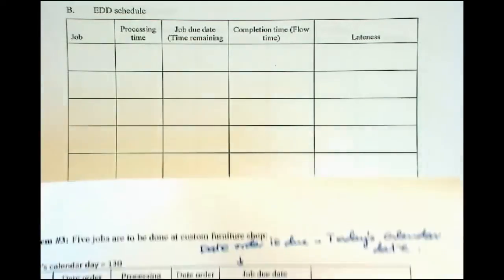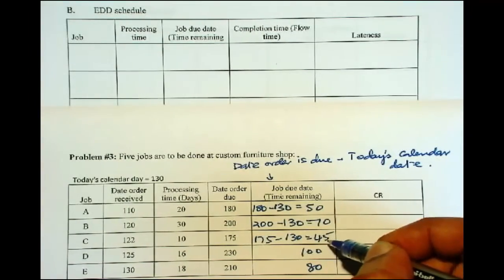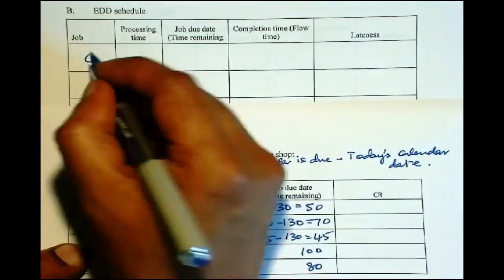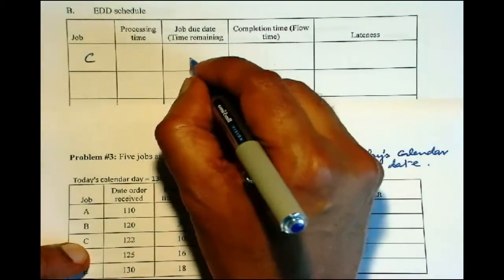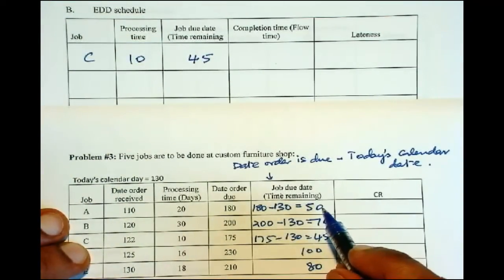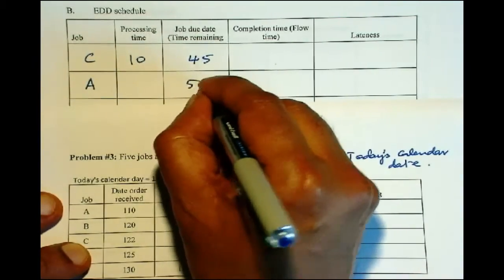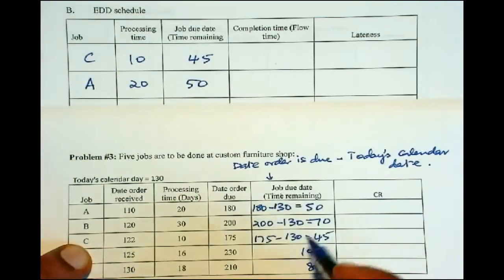Now let's look at EDD schedule. Here are the due dates. The smallest due date first, which is C. Due date is 45, processing time is 10. The next one is A. Due date is 50, processing time is 20.